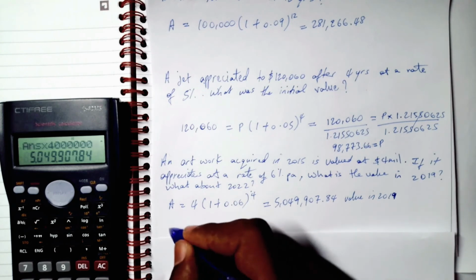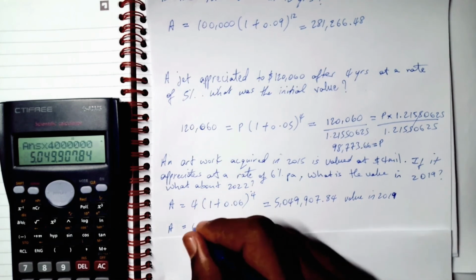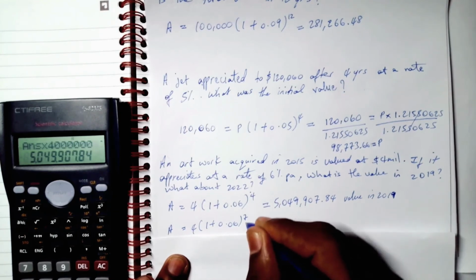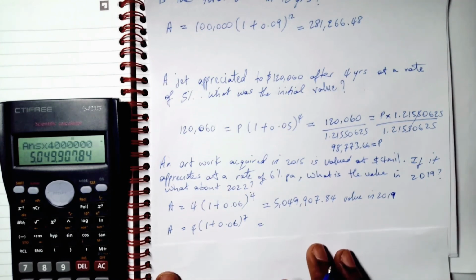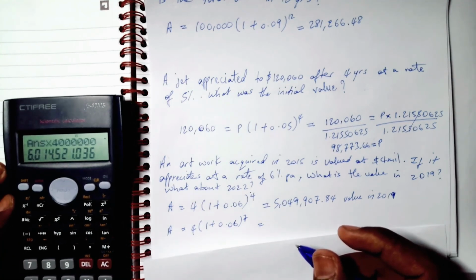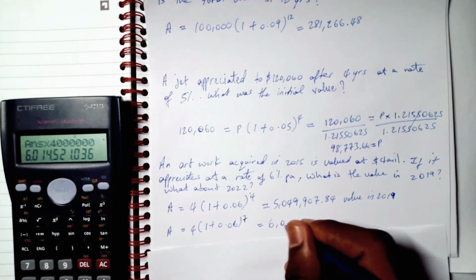Now what about 2022? Our t in this case will be 7. All right, so it's going to be 4 mil, 1 plus this, to the 7. We do the same thing. 1.06 raised to the power of 7 times 4 mil. That's 4 mil, right? 6 zeros. Which is going to be, that's a big jump.